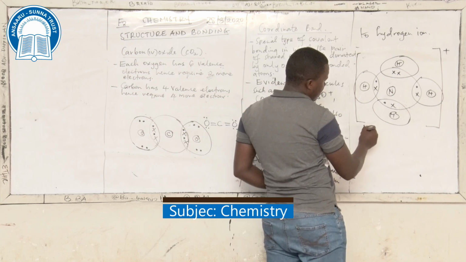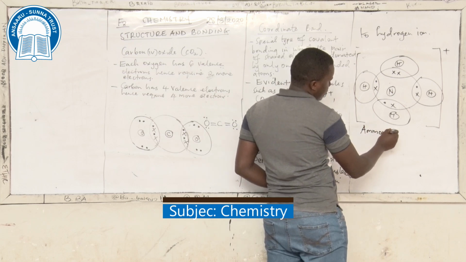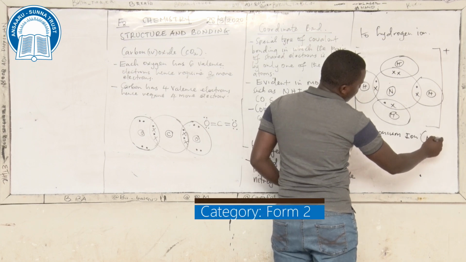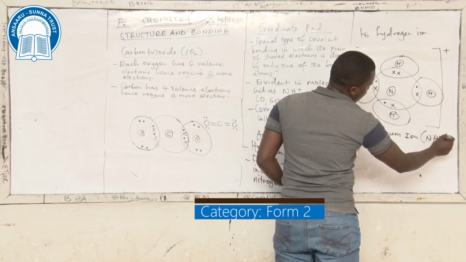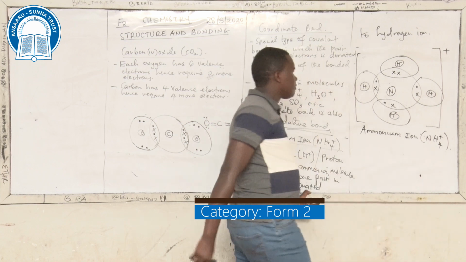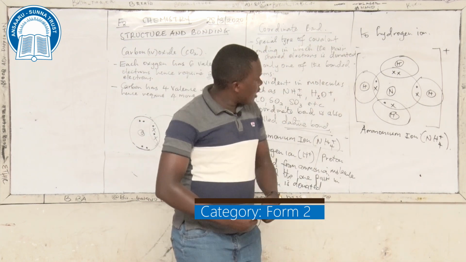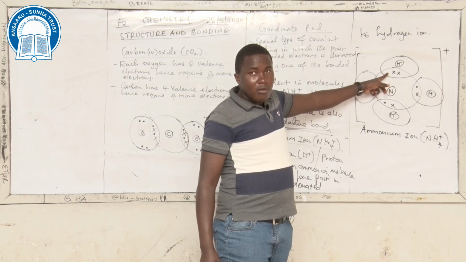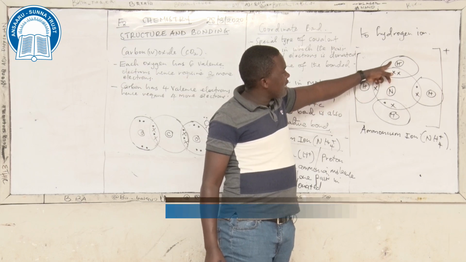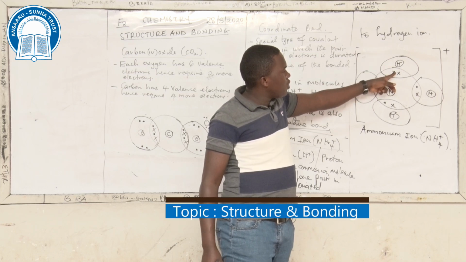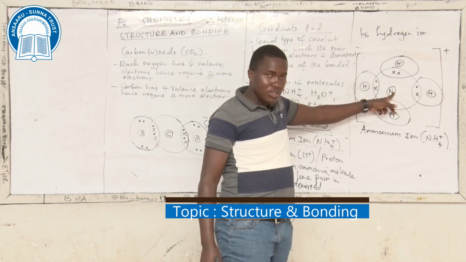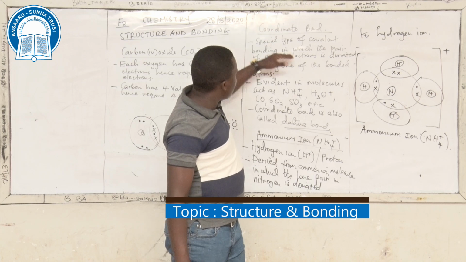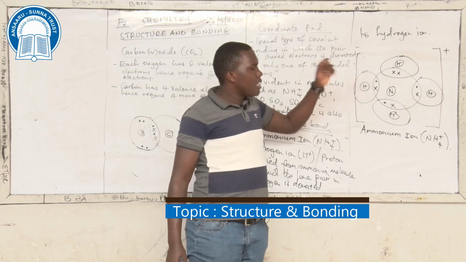So this is the ammonium ion, which is NH4 plus. So you can see that in this bond, the hydrogen here has not donated any electron, and therefore the 2 electrons have come from nitrogen. That's why we are saying this is a coordinate bond, because the bonding electrons have been donated by only one atom.